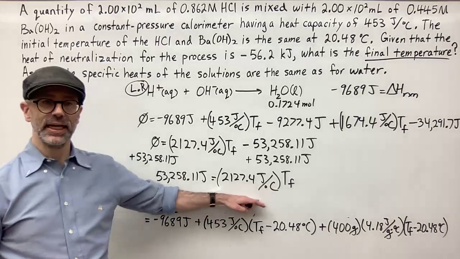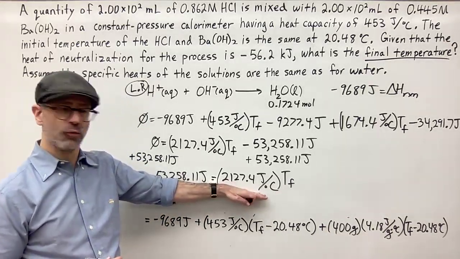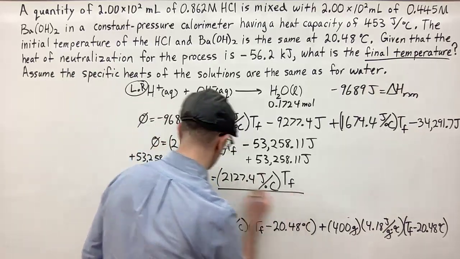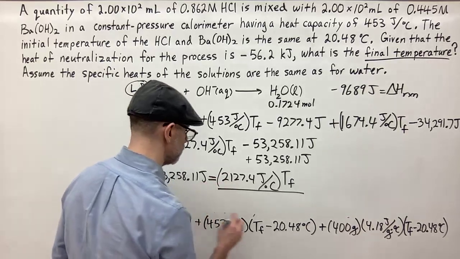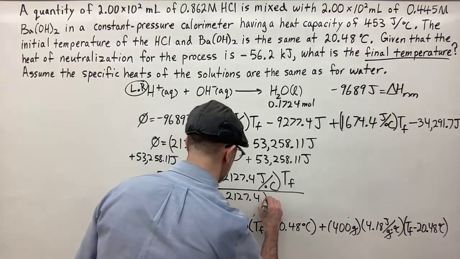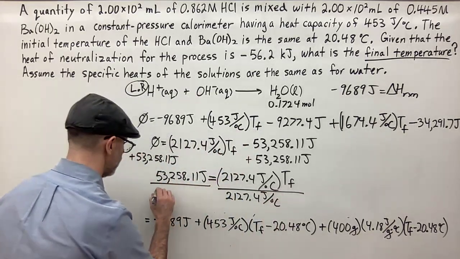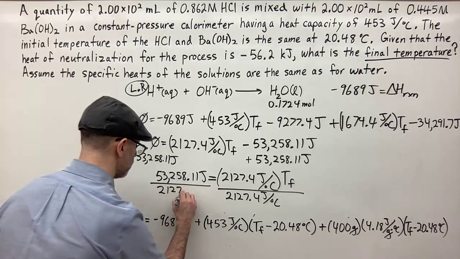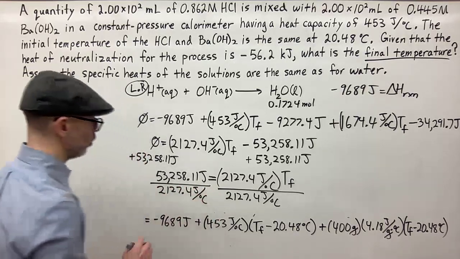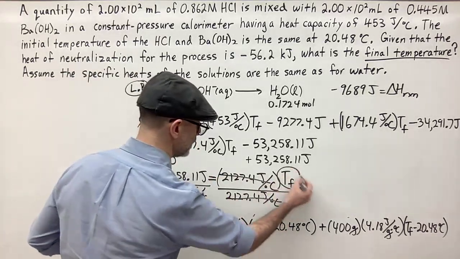Now, to get TF, all I have to do is divide both sides by 2127.4 joules per degree Celsius. So let me make this clearer. Divide this by 2127.4 joules per degree Celsius, and divide this by 2127.4 joules per degree Celsius. This is going to cancel out, leaving me with TF.